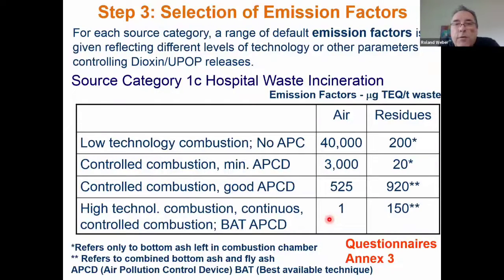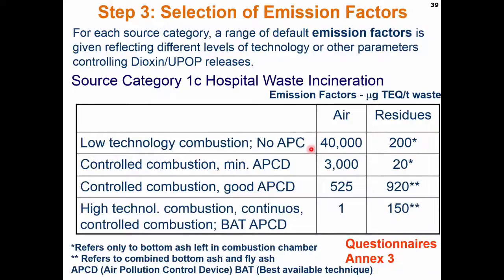I give you just one example here for hospital waste. In hospital waste, you have good hospital waste incinerators and bad hospital waste incinerators. And the toolkit gives you guidance for different types of hospital waste incinerators. Here for one category, low technology combustion and no air pollution control device, it gives you emission factors to air and to residues.